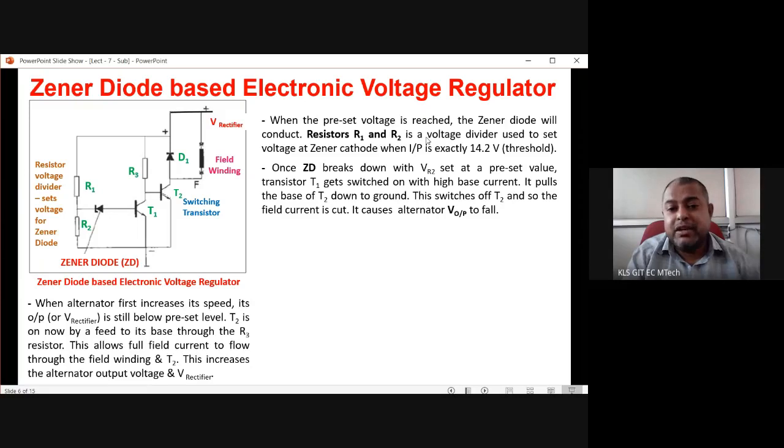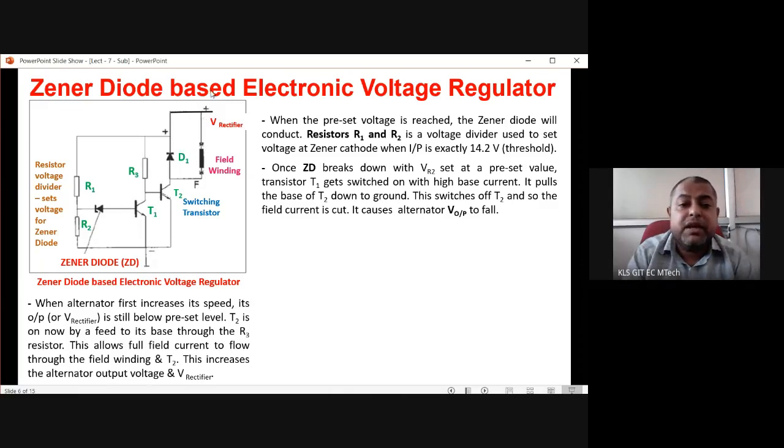Once the Zener diode breaks down with VR2 set at a preset value, transistor T1 gets switched on. As soon as transistor T1 is switched on with huge base current, it pulls the base of T2 down to the ground. And whenever the T2 base is pulled down to the ground, it causes the alternator output to fall, because whenever T2 base is at ground, T2 is off.